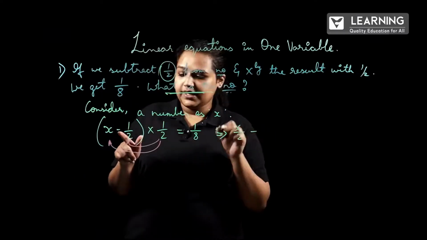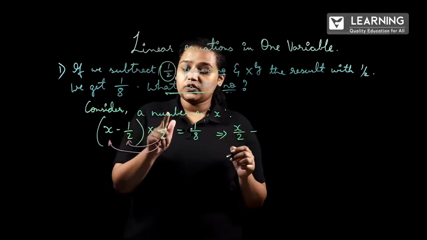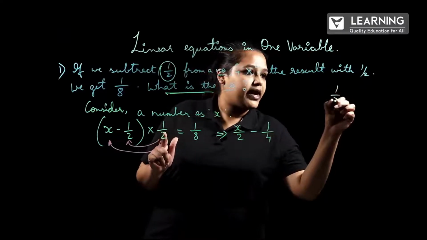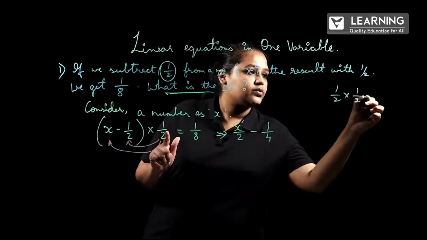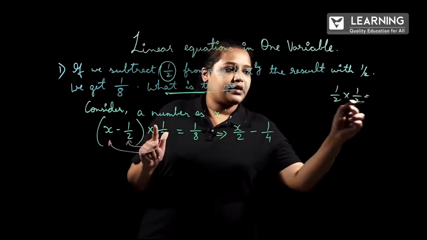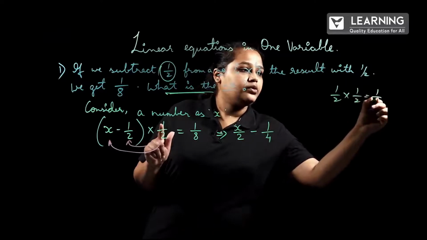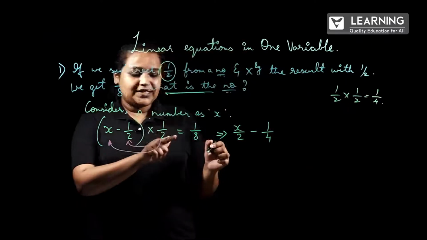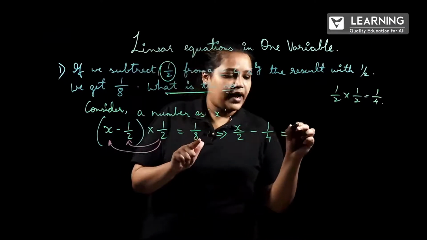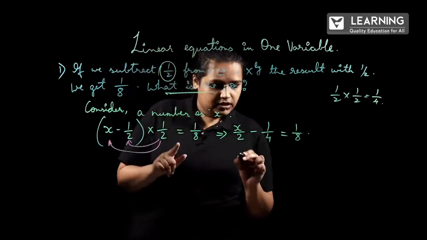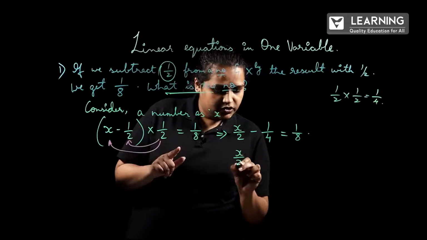Next, minus 1 by 2 into 1 by 2 will give 1 by 4. Numerator with numerator, denominator with denominator: 1 into 1 is 1, 2 into 2 is 4, right? Which is equal to 1 by 8. Done? Next, x by 2.